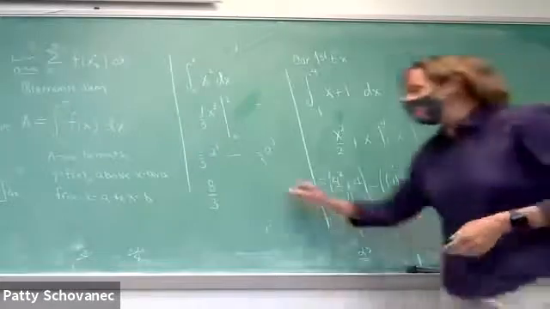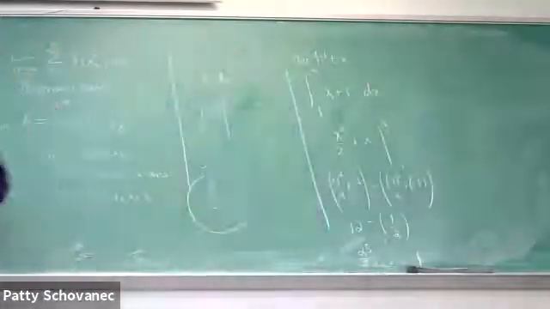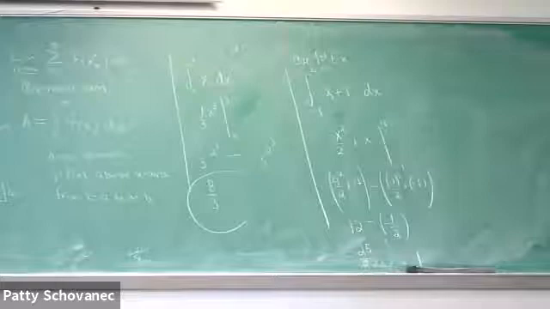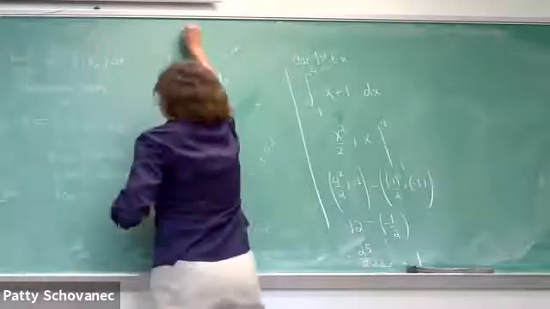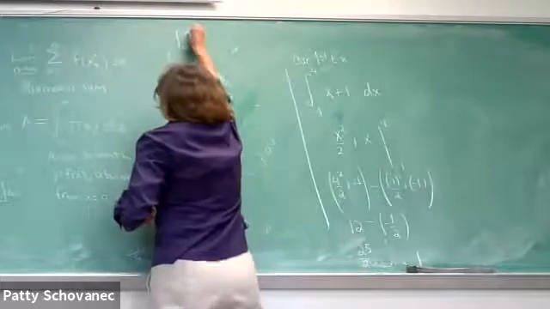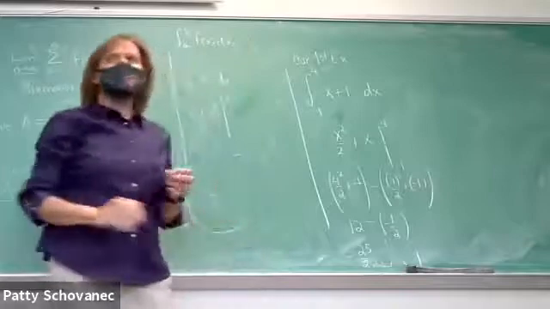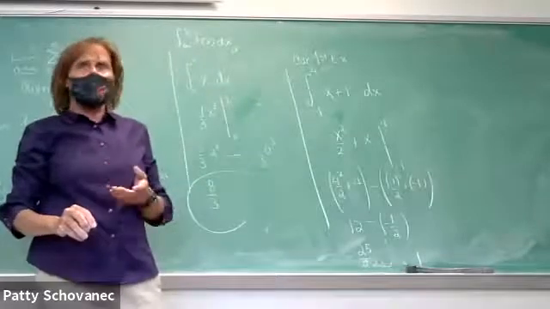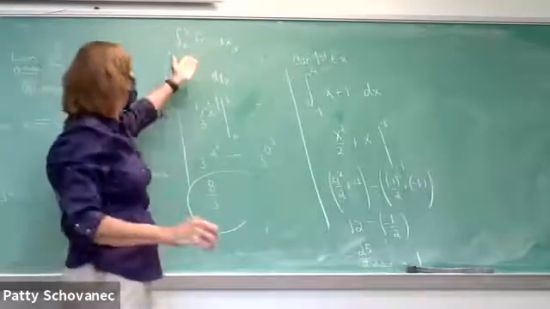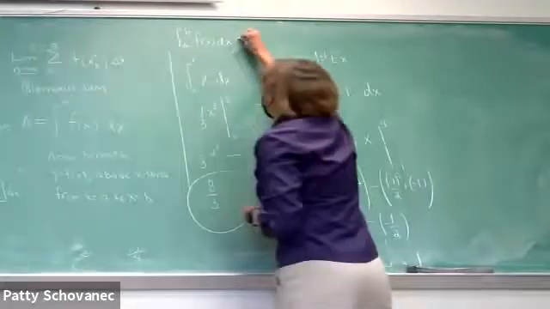So by gosh, by golly, you better believe that that's the exact area under the graph. And when I put numbers on the integral sign like this, we have something called the definite integral of f with respect to x over the interval from a to b.